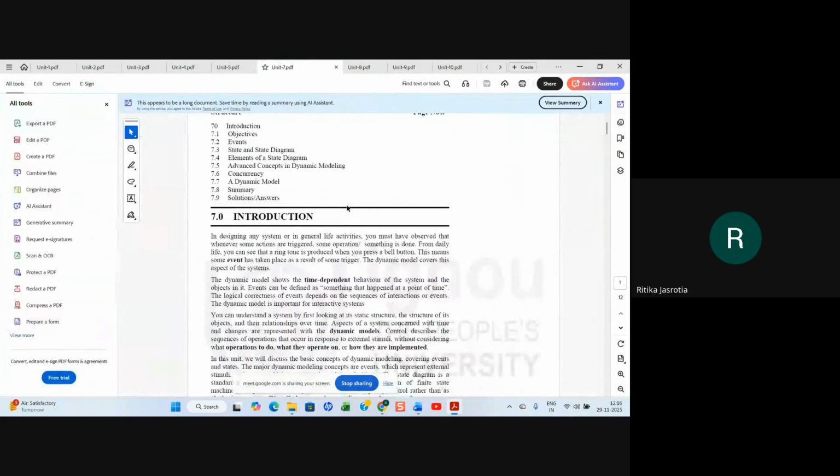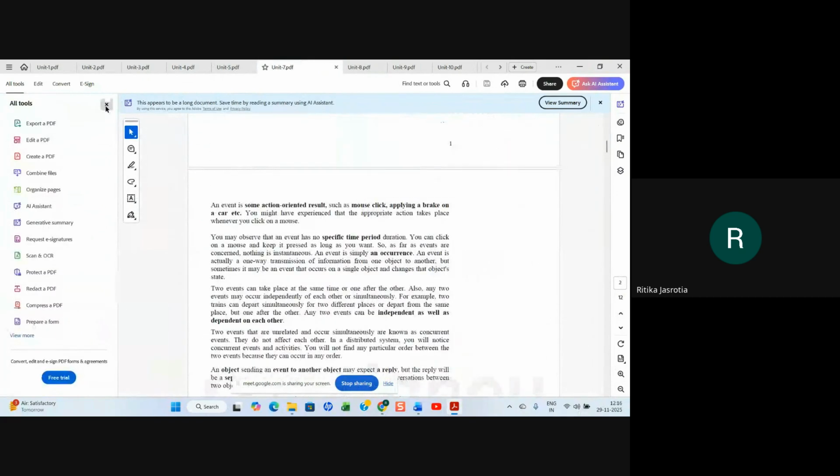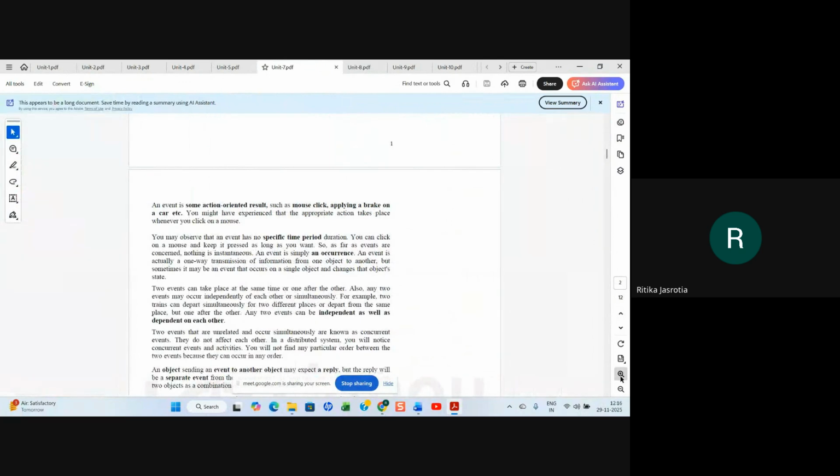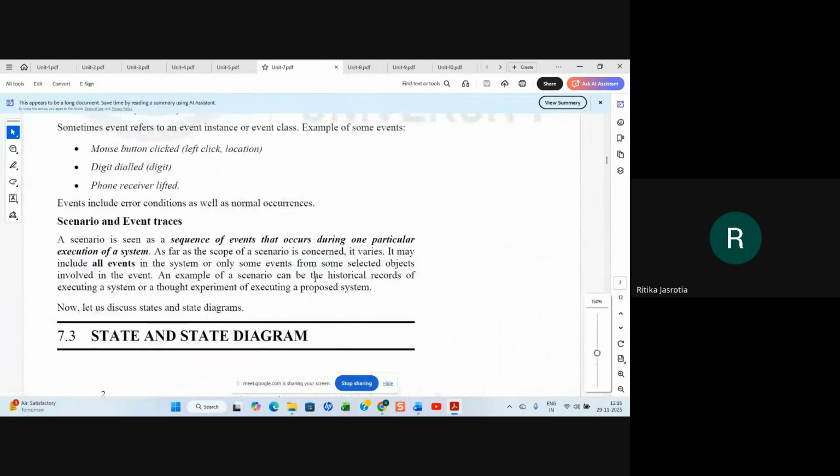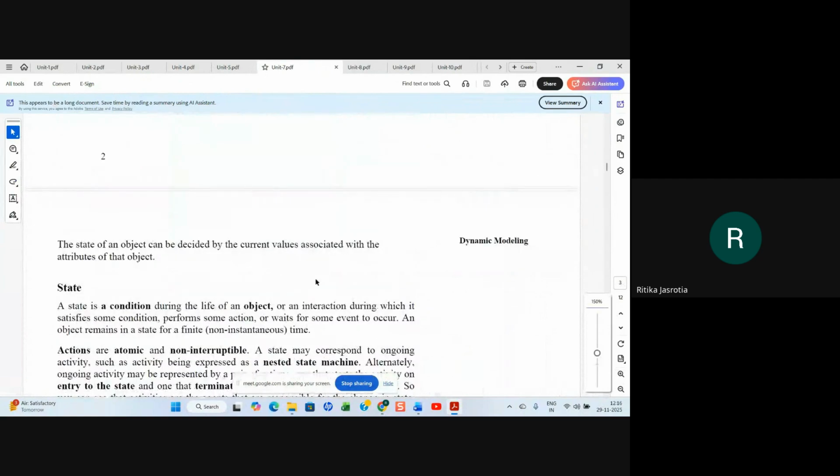Even in this, you can go for state diagram from this also if you want. The state diagram question can be answered from this also.